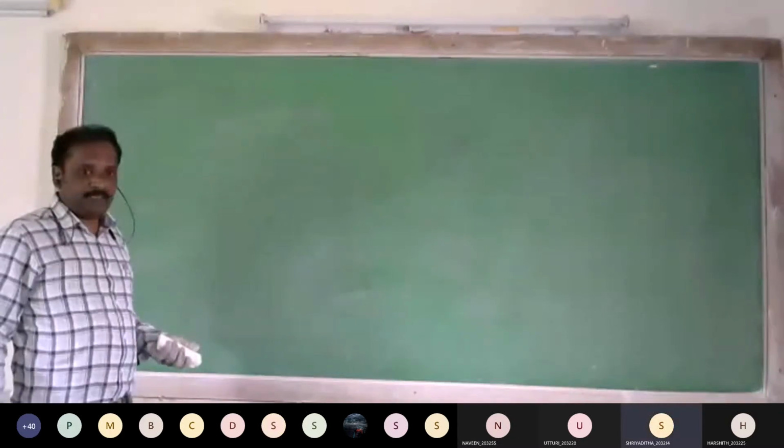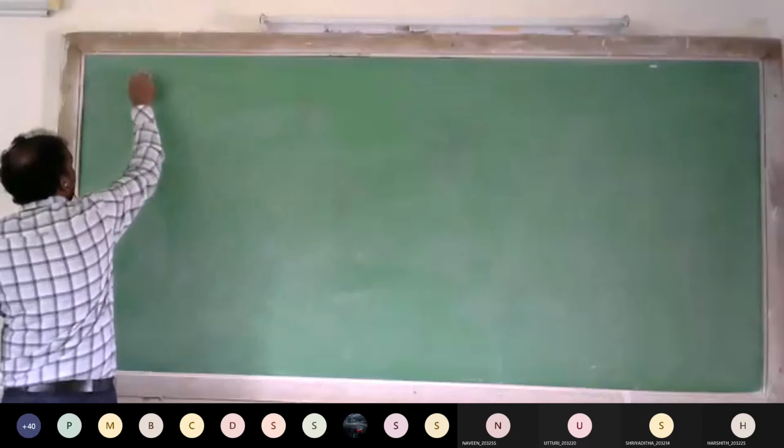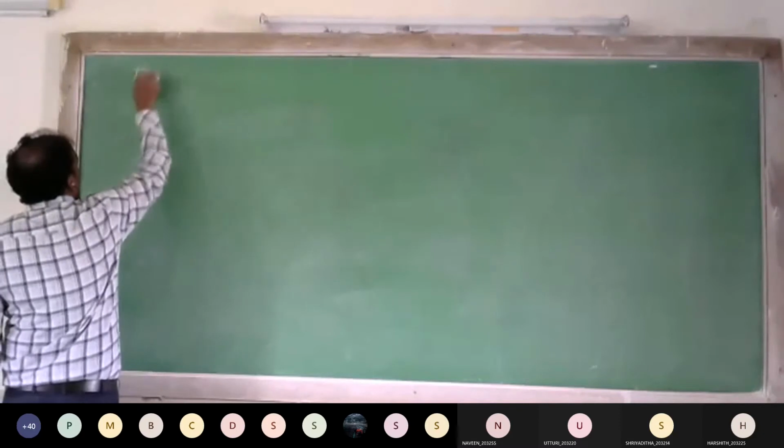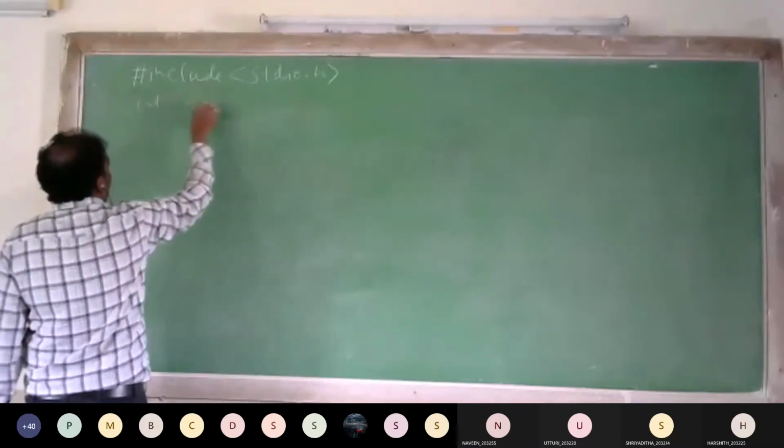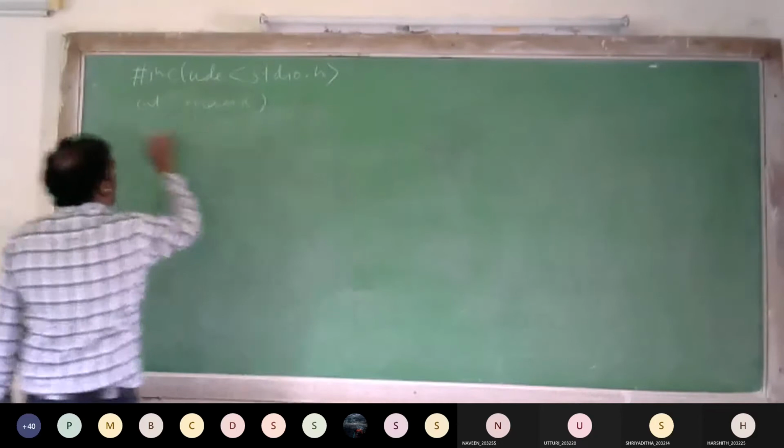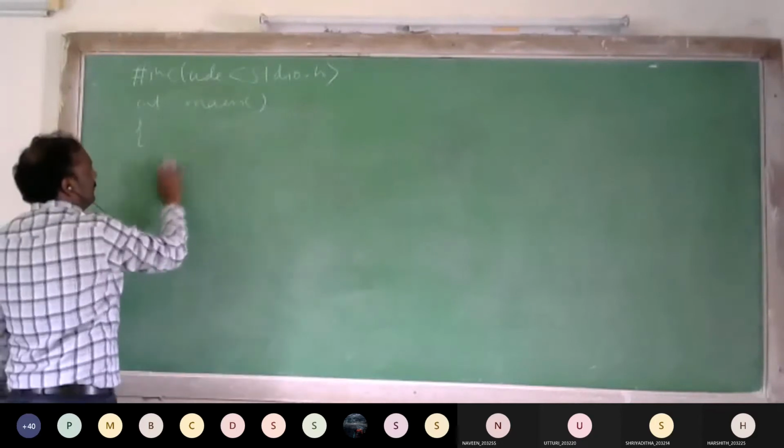Let us see how to find the sum of n natural numbers. Now, the first statement is #include stdio.h. Then int main. So what do we require?